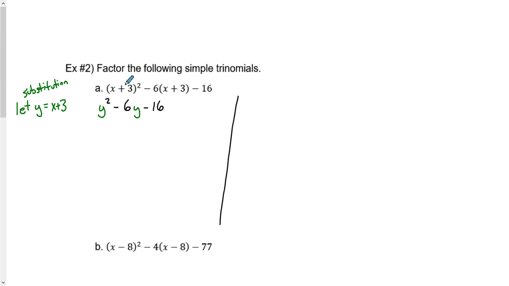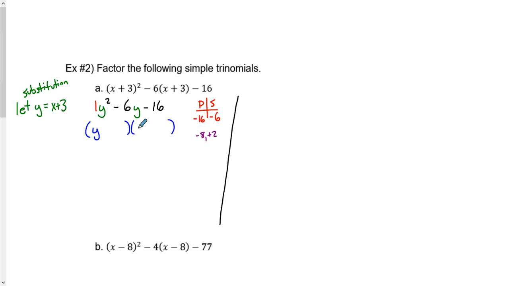As soon as we've said that y is wherever we see that x plus 3, now it really looks like a simple trinomial, which allows us to do our product and sum of 1 times negative 16, sum of negative 6, and get our two numbers of negative 8 and positive 2, so that all we have to do is make two sets of brackets.